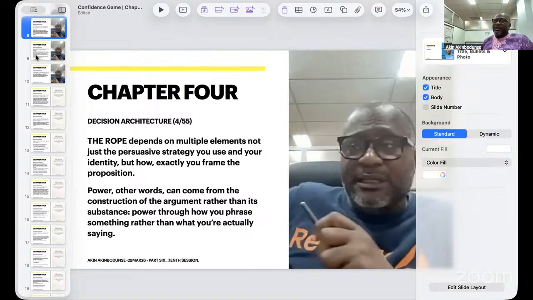We looked at Antony when he came to bury Caesar, just the way he framed his discussion, knowing that the people did not like Caesar, and if he went straight to praising Caesar, they would not listen to him.